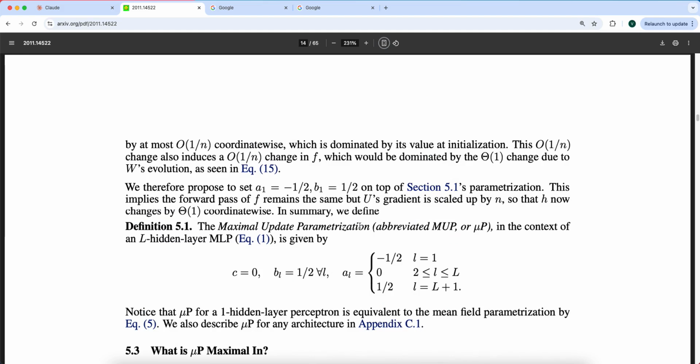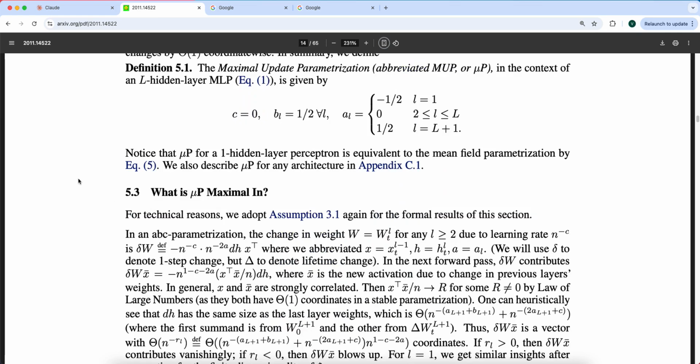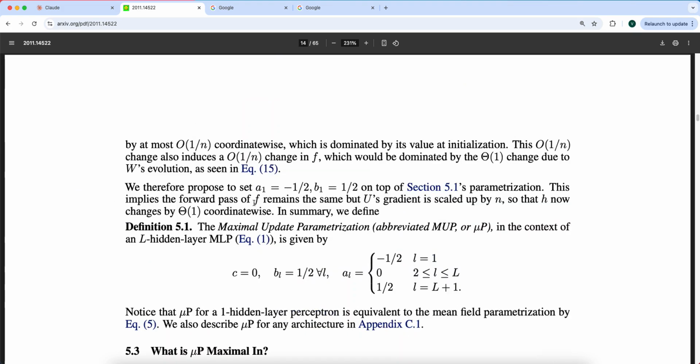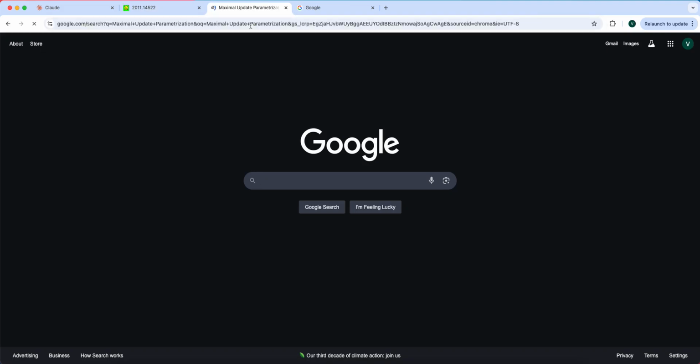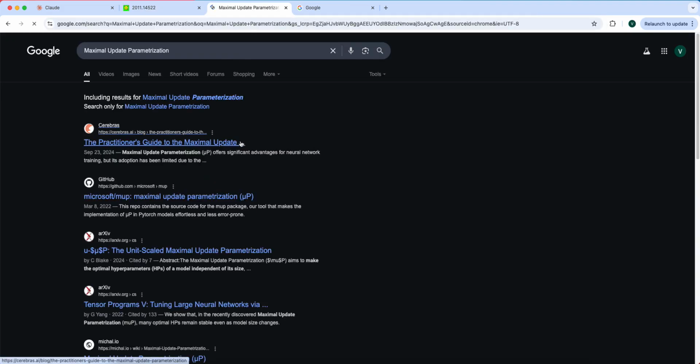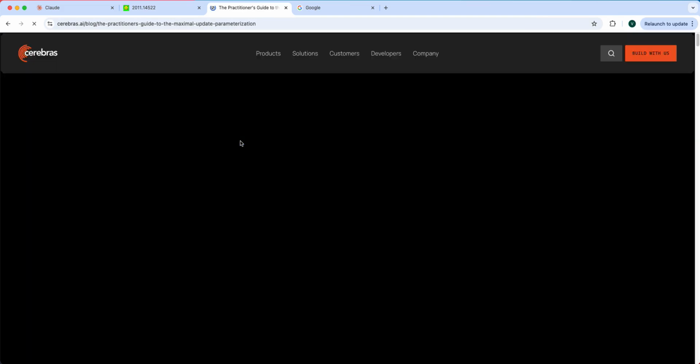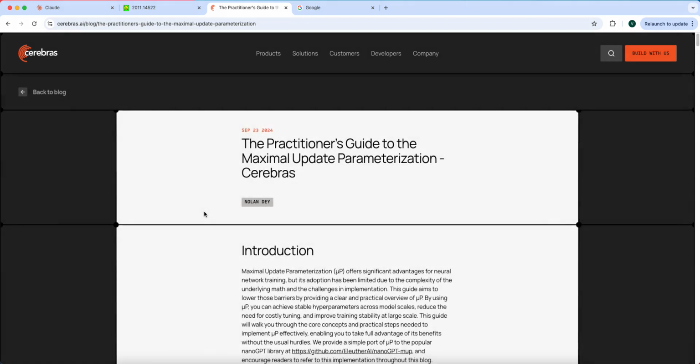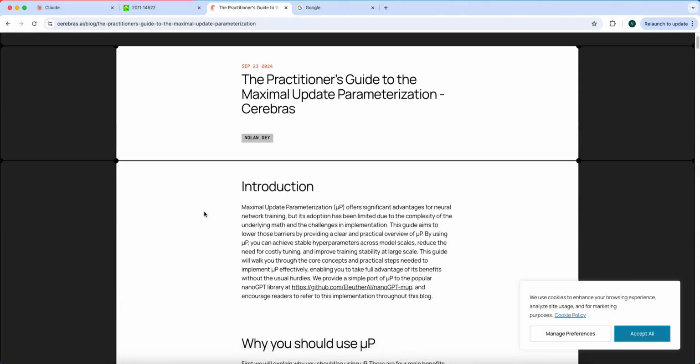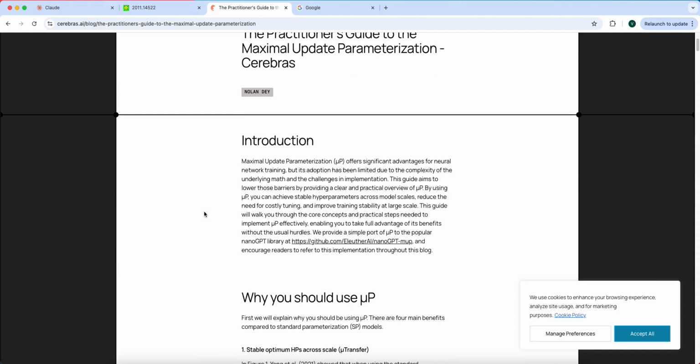The maximum update parameterization is given by this. Don't really understand this. Its adoption has been limited due to the complexity of the underlying math.